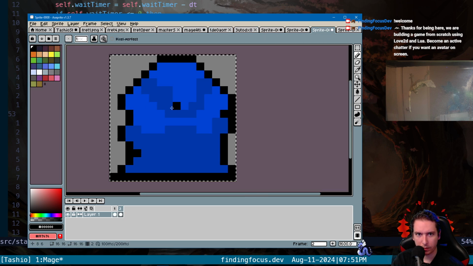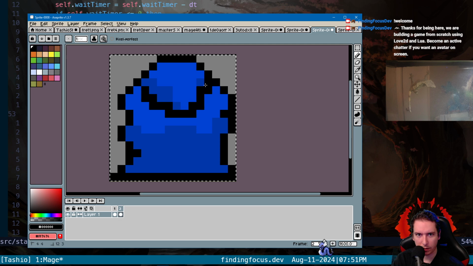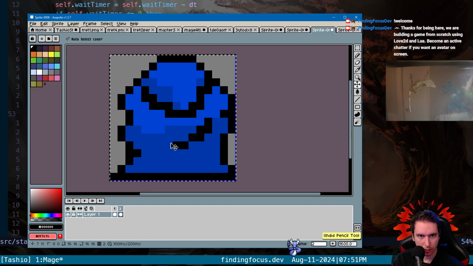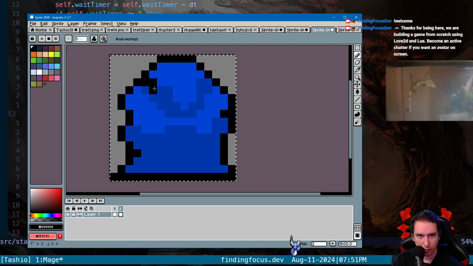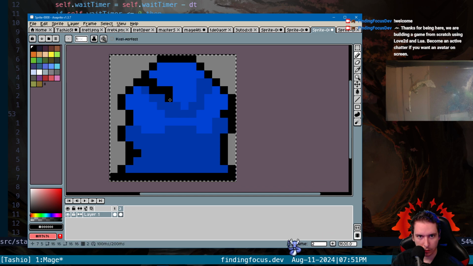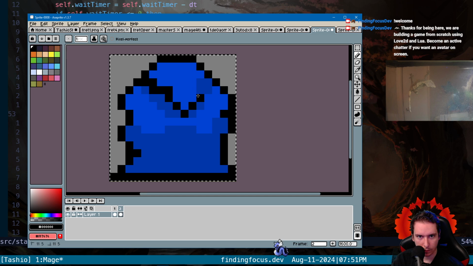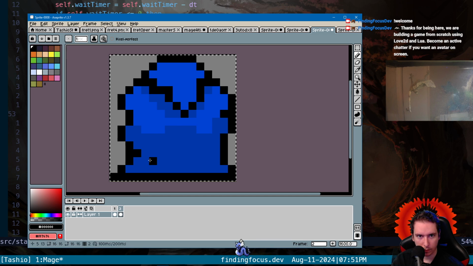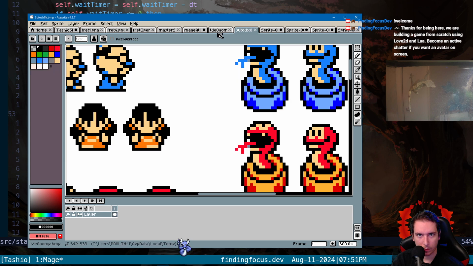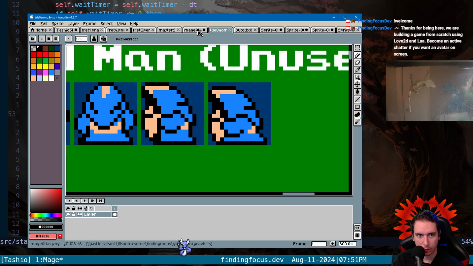But let's see. See, it goes lower, and then they have two curls on the hood.